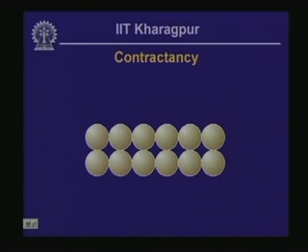Now what we are going to do in this case, we are going to try to keep the bottom of these two layers of spheres at the same location, and we are going to try to shear the top of the specimen by applying a shear stress on the horizontal plane to the right of the screen.